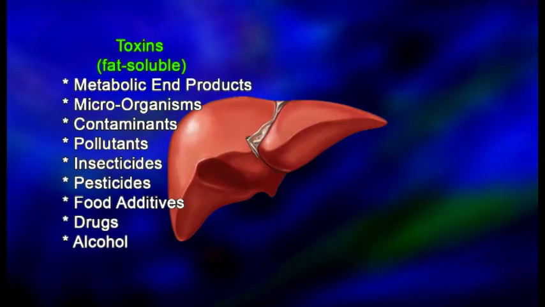Because then they have to be eliminated basically through the kidneys into the urine, which is a water liquid, a hydrophilic liquid. Not only is the metabolism a transformation to more hydrophilic substances, but also to different metabolites that sometimes can be more toxic than the parent compound.